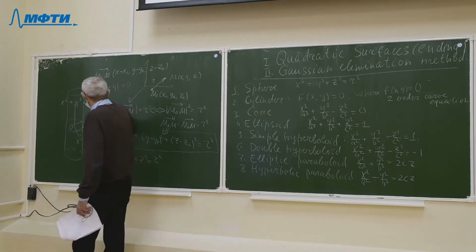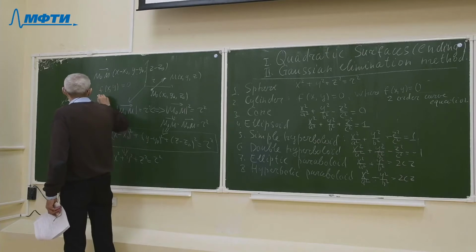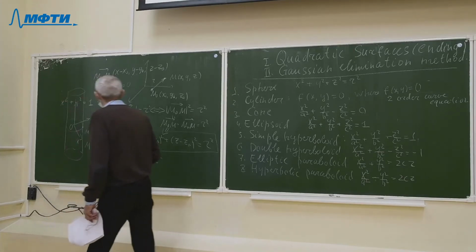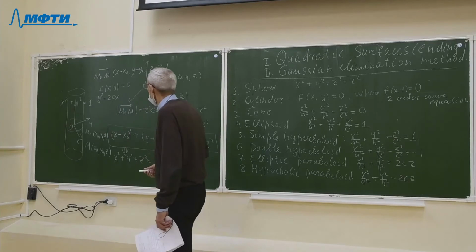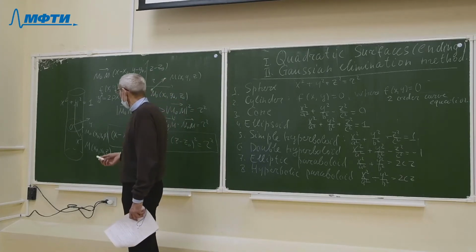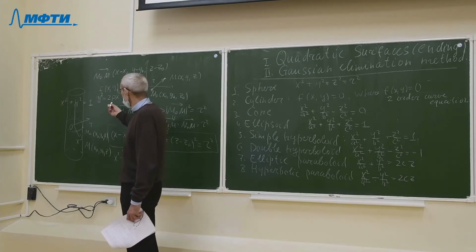For example, we have the equation y squared is equal to px, the equation of a parabola, and in this case we obtain the parabolic cylinder.